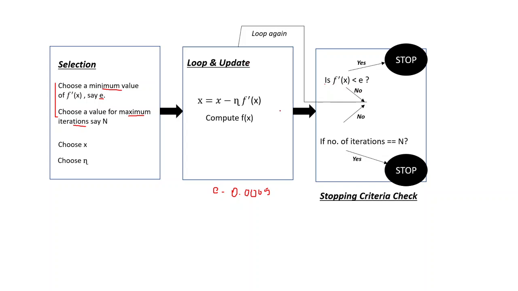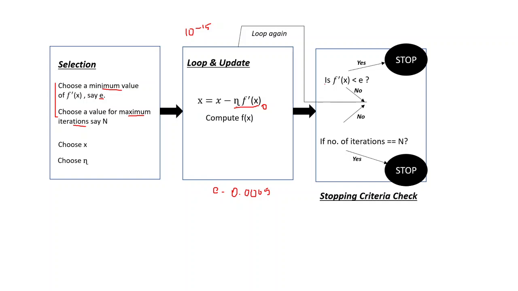Say your gradient value is 10 to the power minus 15, and you have a very small eta value, then this factor will be very close to 0. So what happens here is your value x is not getting updated, it is remaining almost the same.